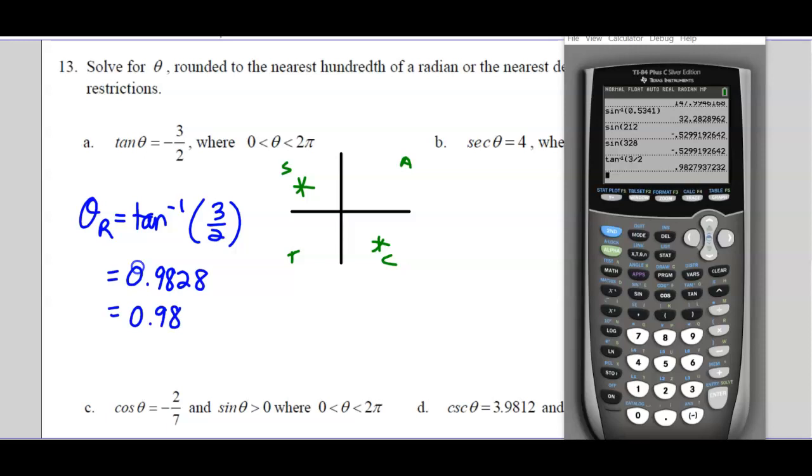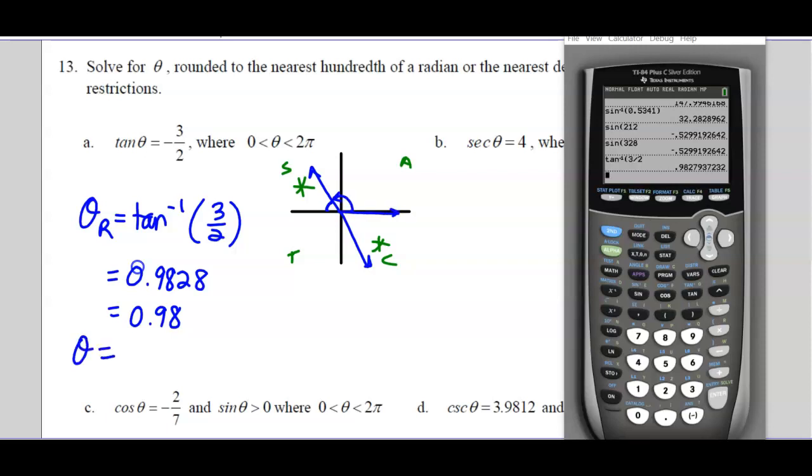But that's my reference. If you just leave it like that, you got it wrong, because you want it in the second and fourth quadrant. So something like that, and like that. So this is 0.98.